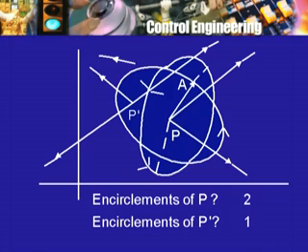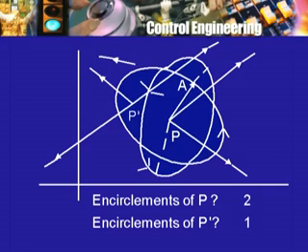2. Now, when the curve gets more complicated than this, and sometimes it can become more complicated, there are a number of intersections, then how do you work it out? For example, I put the point P here, so let us call it P dash. Now, what is the number of encirclements of the point P dash by this same curve gamma? Now, I can do it the same way, of course.